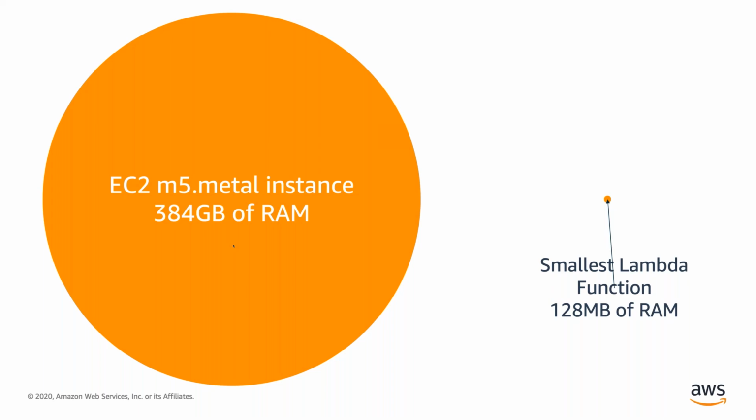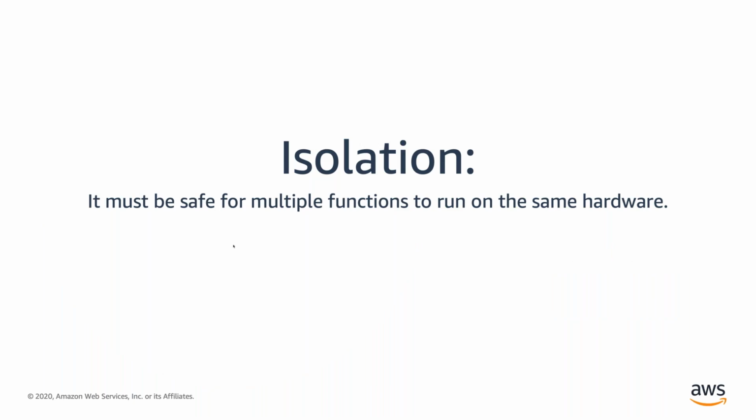And so we need some way of taking these metal instances and cutting them up into many pieces, and there were some properties that we needed to do that, and the most important property is isolation. We want to run many functions, up to thousands, so you can fit about 4,000 of the smallest ones onto one of these big boxes.